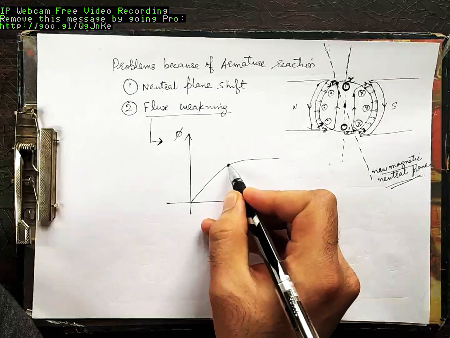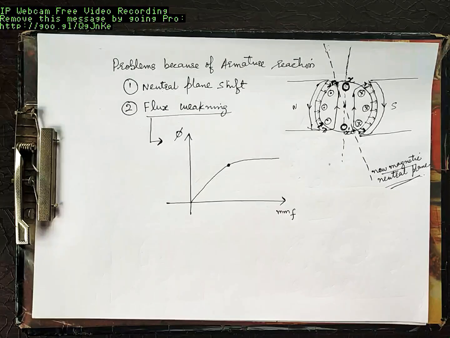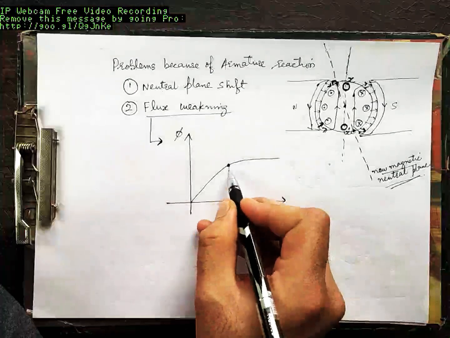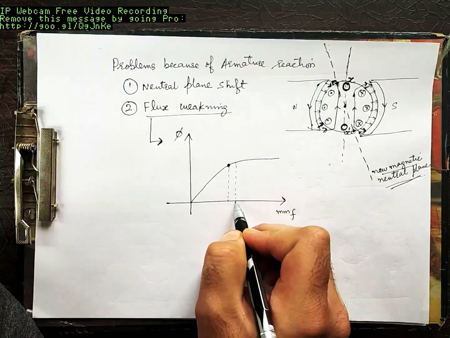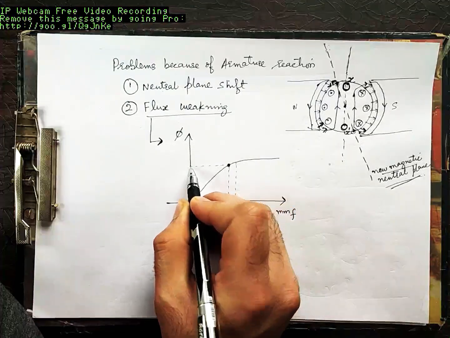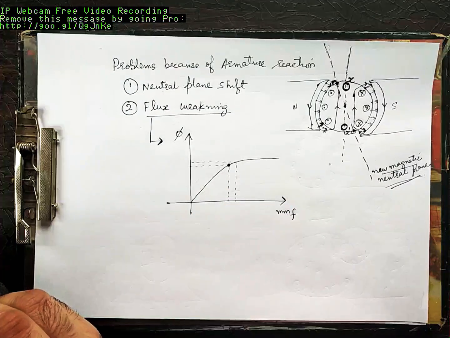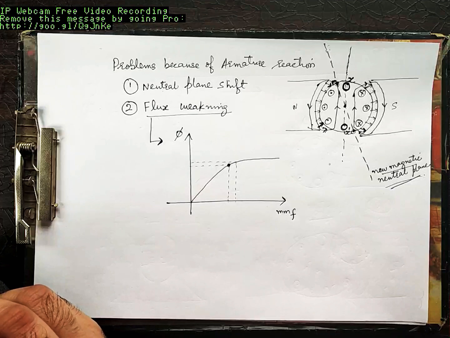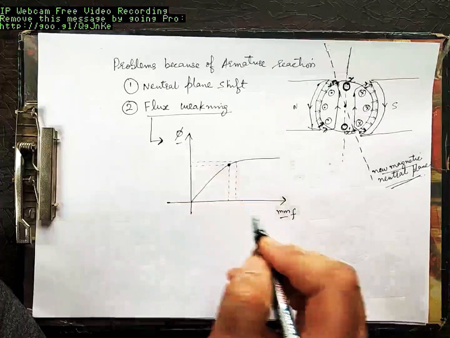Since this is the non-linear region now, if you increase MMF after this point, is there a linear or non-linear relation between MMF and flux?